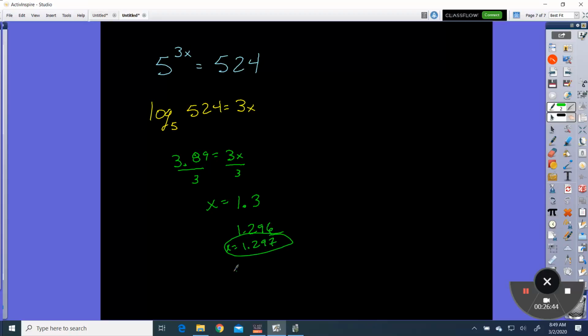Most of them will be decimals. You just write x equals 3.89 over 3.